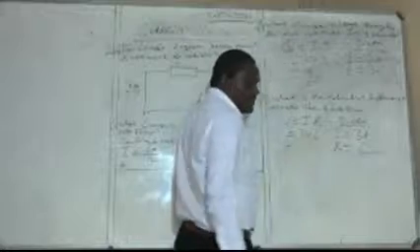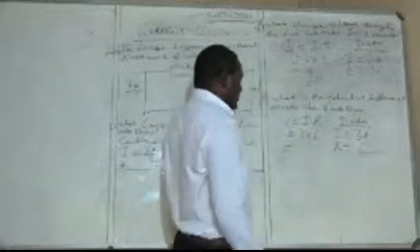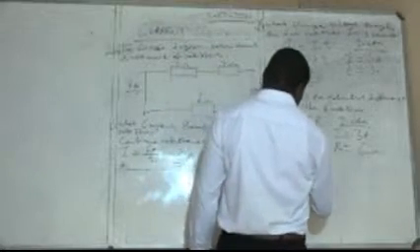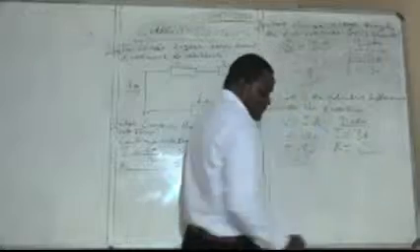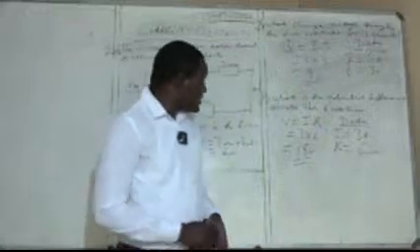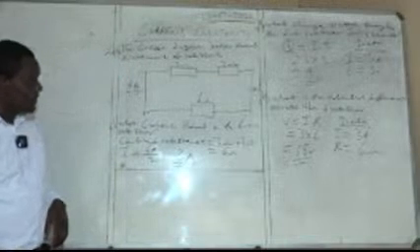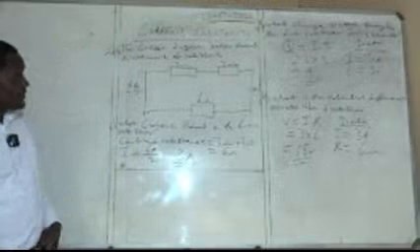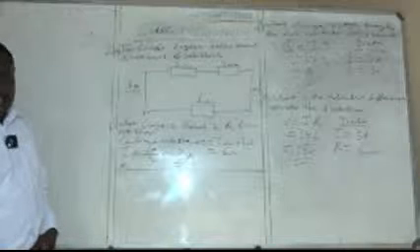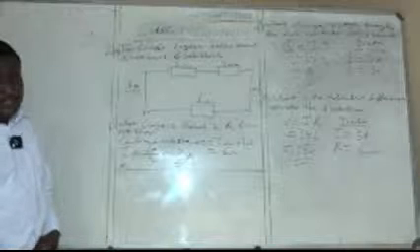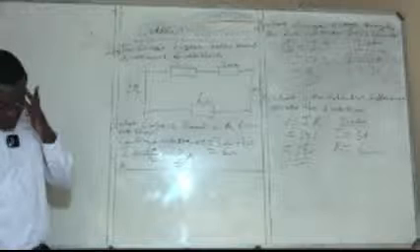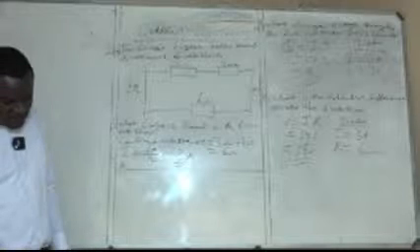If you multiply 3 by 6, we end up getting 18 volts. So that is our potential difference across the 6 Ω resistor.